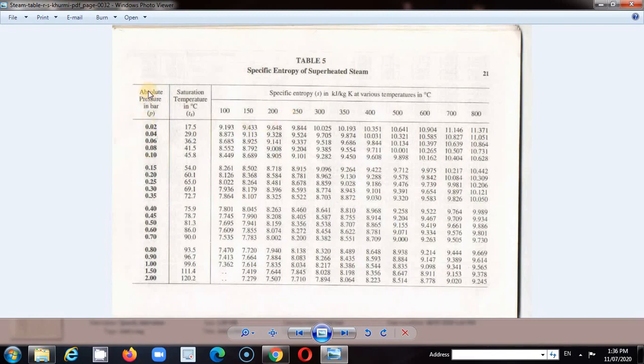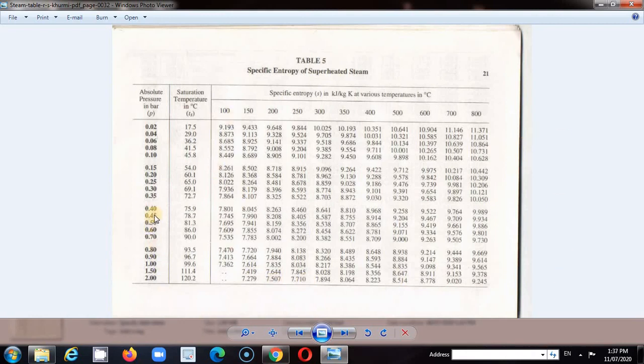The first column is related to the pressure, the second column is related to the saturation temperature, and horizontally the temperature range is from 100 to 800 degrees centigrade. This temperature range is for superheated steam. The second column is related only to the saturated condition, and all these values are related to the specific entropy.